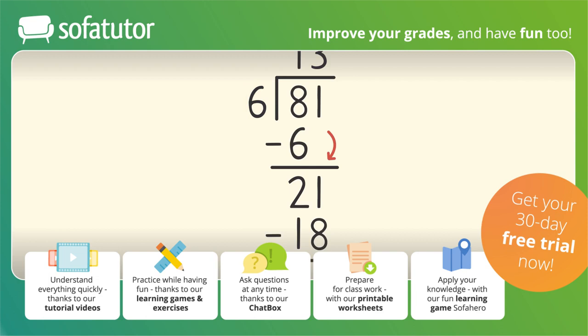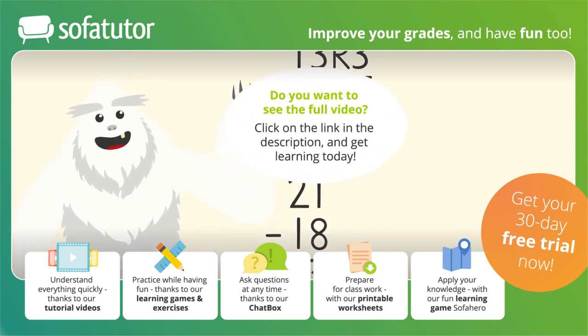So we subtract 18 from 21 to get 3. 3 is our remainder. So we write a capital R along with the 3 next to our answer. Out of 81 moths, all 6 bears will get 13, with 3 left over.